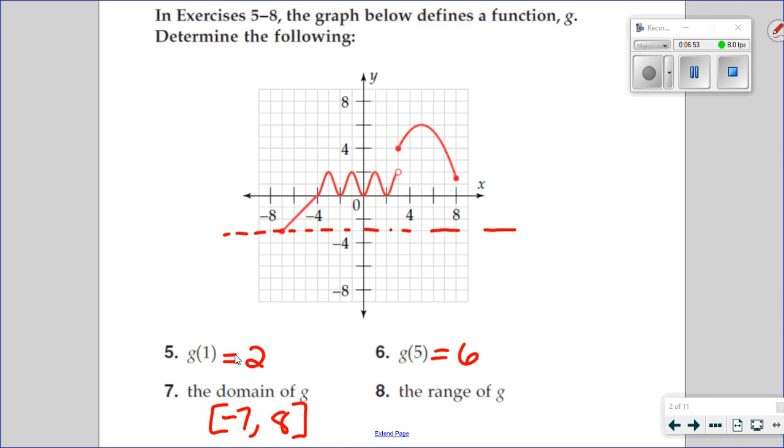So our y values stop at +6. So our range would be, it looks like our y values start at -3 and then continue to +6. And again, I'm using brackets because of the closed circles.